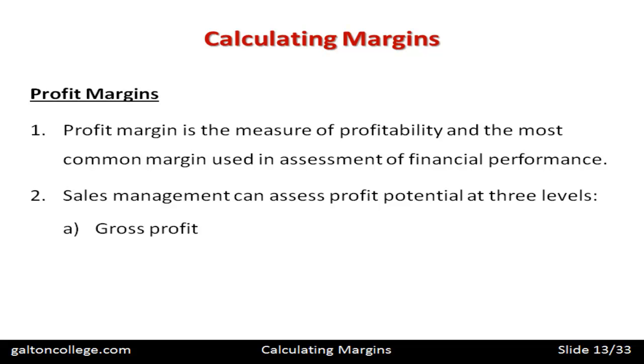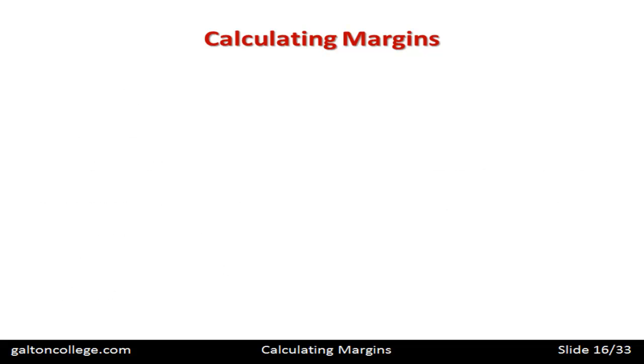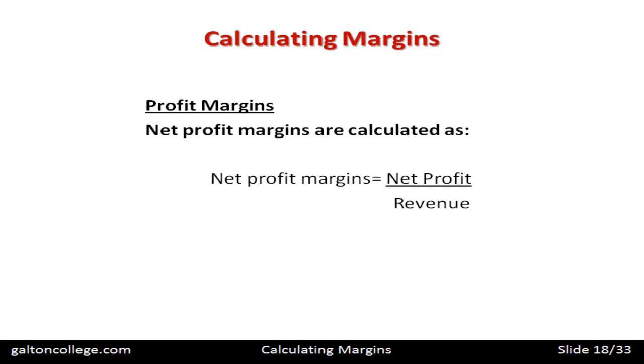For example, gross profit, operating profit, and net profit. So we have quite a few complexities now creeping into this concept of margins. Now, calculating the margins. Well, profit margins. Net profit margin is calculated as net profit margin equals net profit divided by revenue.